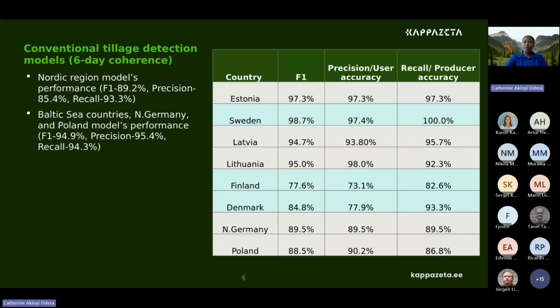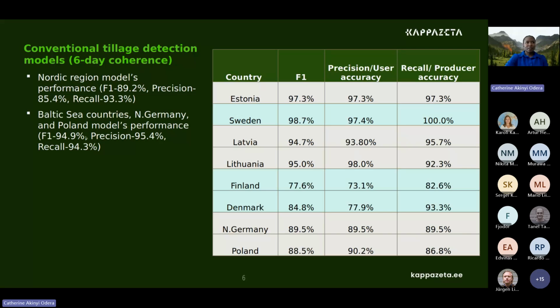From this table, you can see how the model performed. From the Nordic region model, you can see that the performance in Sweden was actually the best amongst the three countries, the other two being Finland and Denmark, but the model didn't perform really well in Finland as indicated by the F1 score.